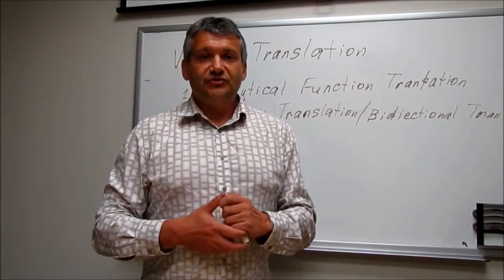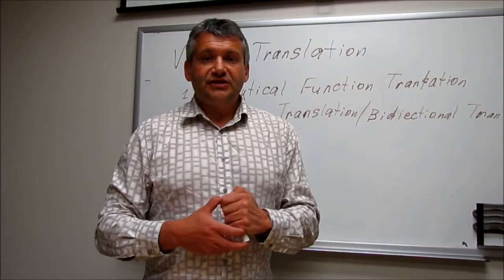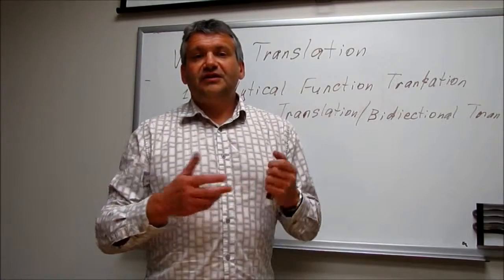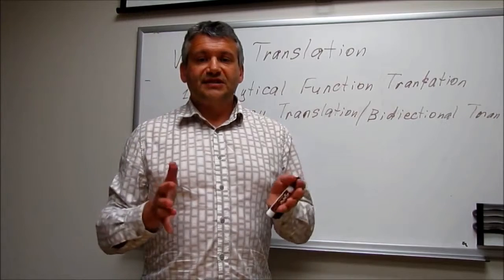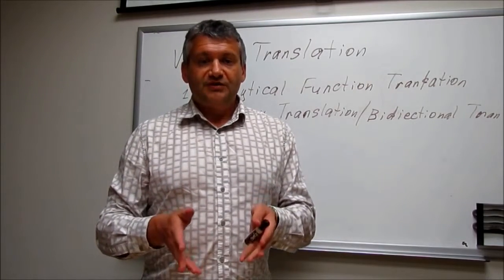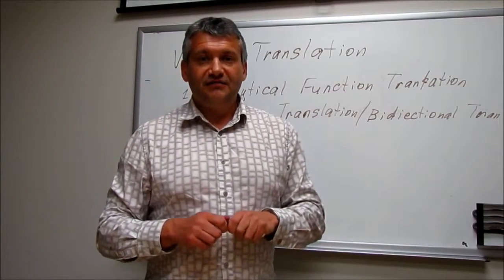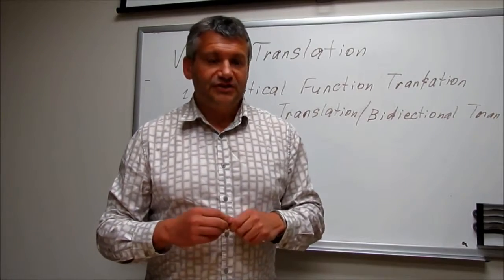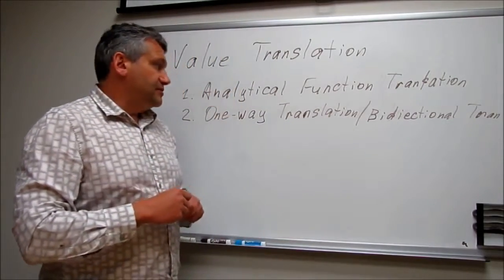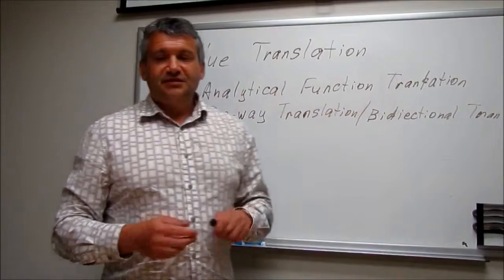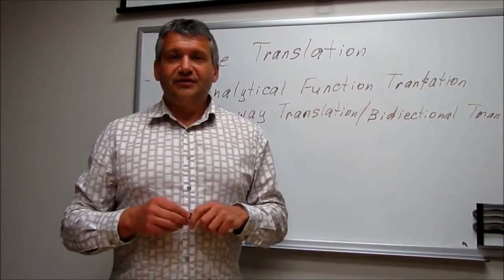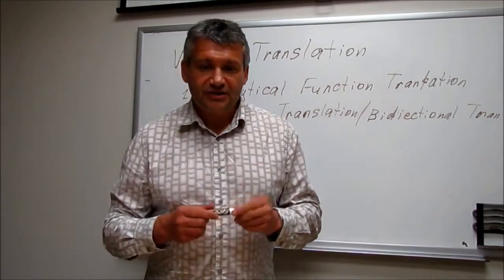A hash function is usually just one-way translation, so we get the source value and translate it into a usually smaller resultant value. Bidirectional translation is obviously miles to kilometers and back.